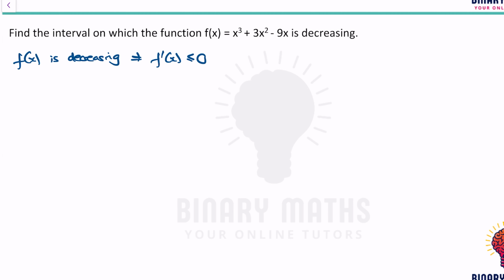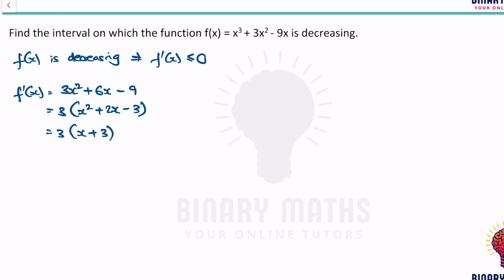The first thing I need to do is work out the derivative of f of x. So that means I get 3x squared plus 6x minus 9. And I can factor out the 3, so I get 3 times x squared plus 2x take away 3. If I factorize that bracket, I get 3 times x plus 3 times x minus 1.